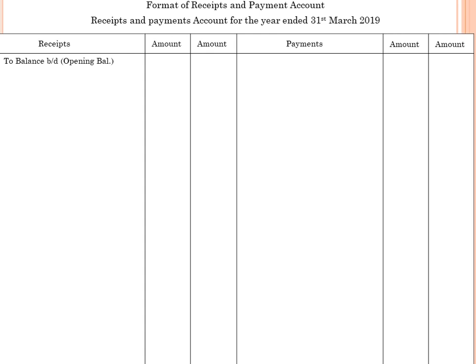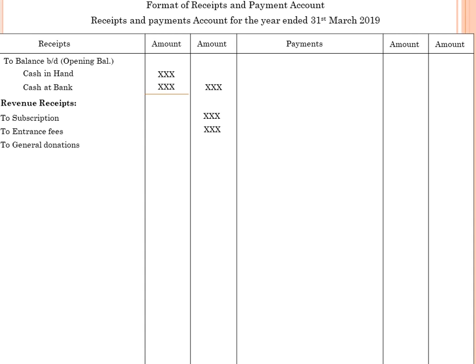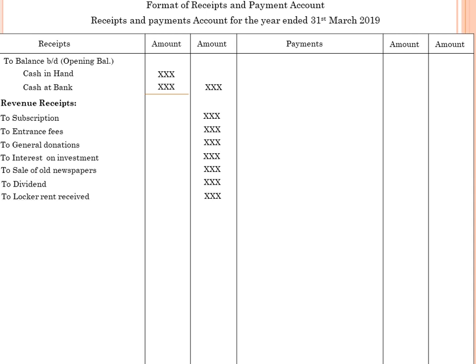To balance brought down, the opening balances: cash in hand, cash at bank. Add and put in the outer column the total. Followed by revenue receipts. Here I am going to list out the revenue receipts: subscriptions, entrance fee, general donation, interest on investment, sale of old newspaper, dividend, locker rent received, sundry receipts.